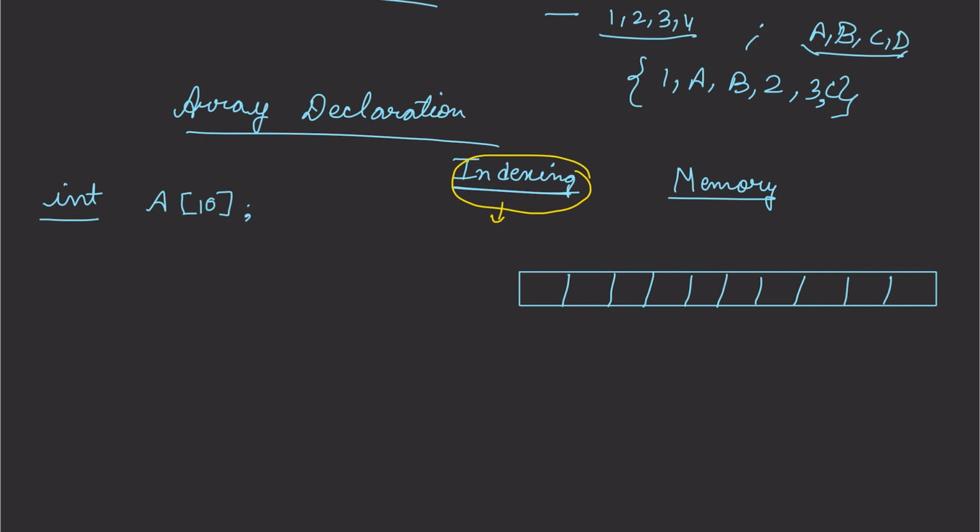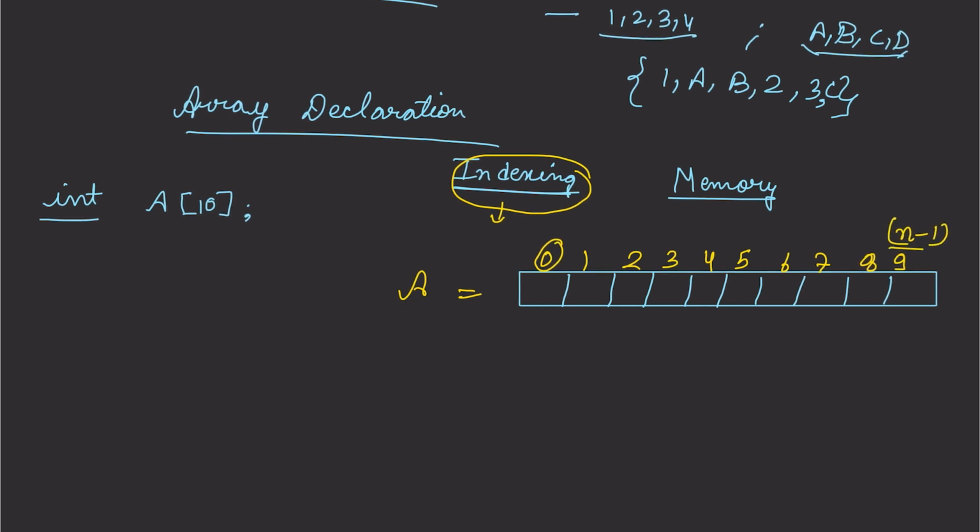There is one mistake programmers make in the beginning: they start indexing an array from 1, but it's wrong. The indexing in an array starts from 0, 1, 2, 3, 4, 5, 6, 7, 8, and so on. So the index starts from zero and goes to n minus 1.